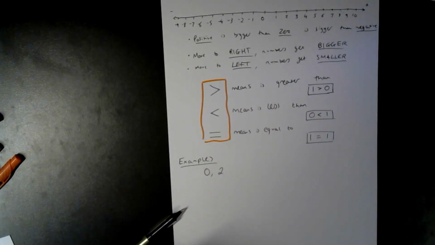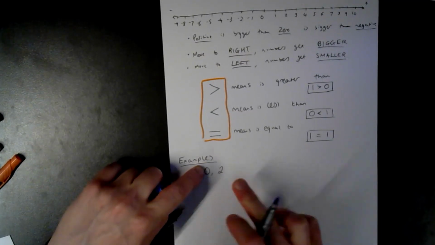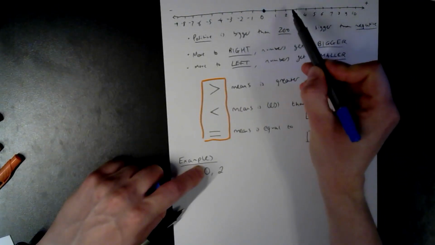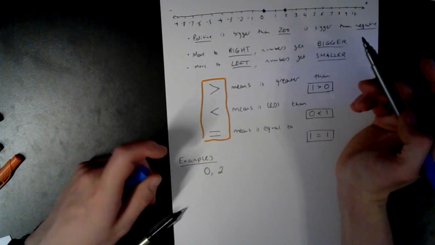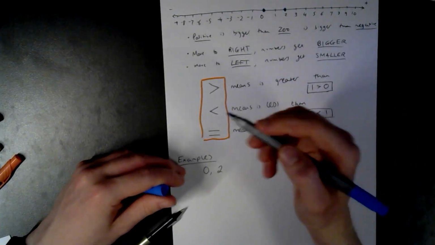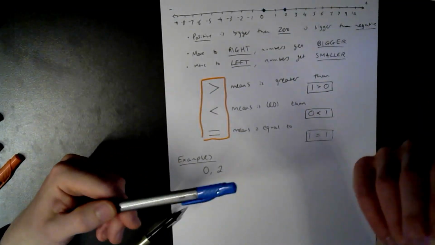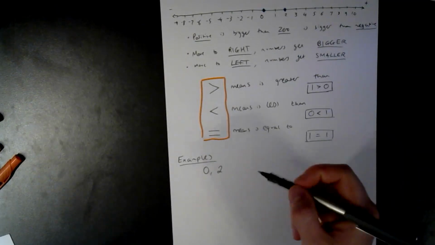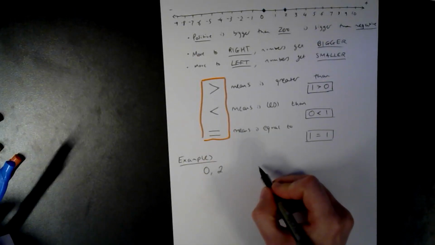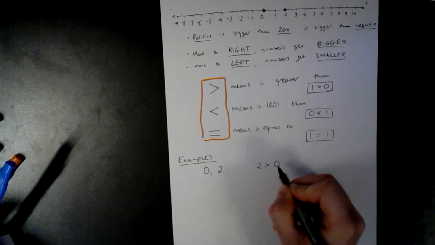So what we'll do is we'll mark 0 and 2 on our number line. So 0 is there and 2 is there, and 2 is to the right of 0. And remember, because it's to the right, that means it's bigger. So 2 is bigger than or greater than 0. So 2 is greater than 0.